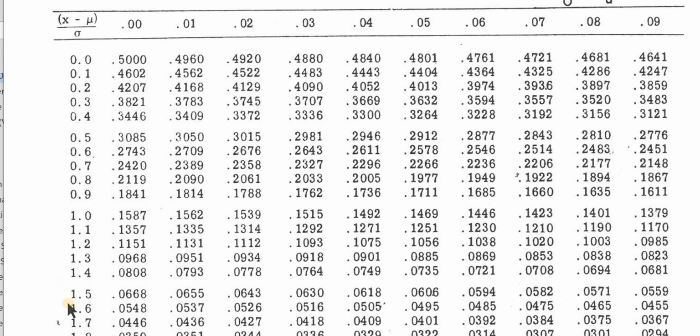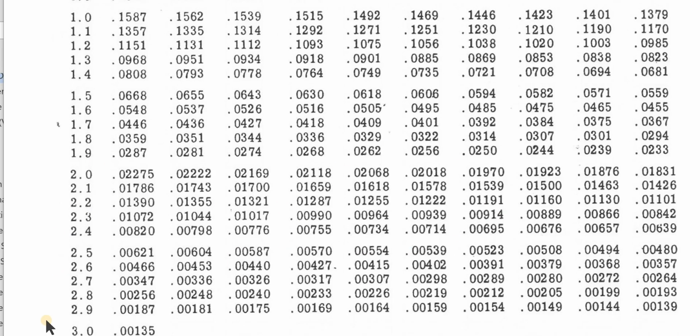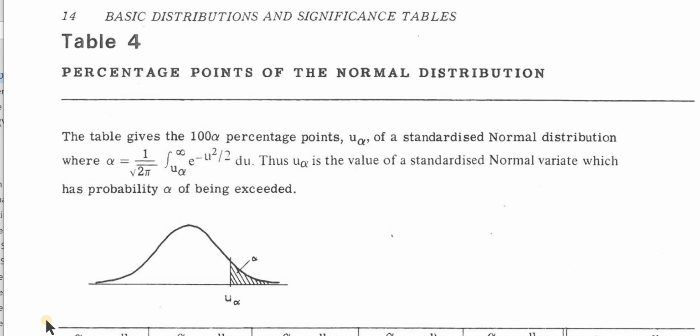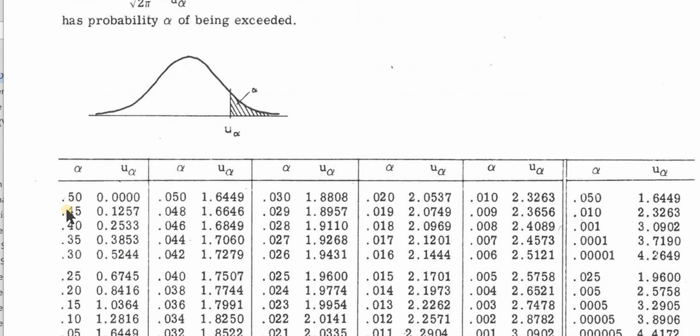We want to find the probability when we have the z value. For Table 4, we have the alpha here and we want to find the z value. So it is different, but they are actually the same values, just arranged so that we can refer to them easily.